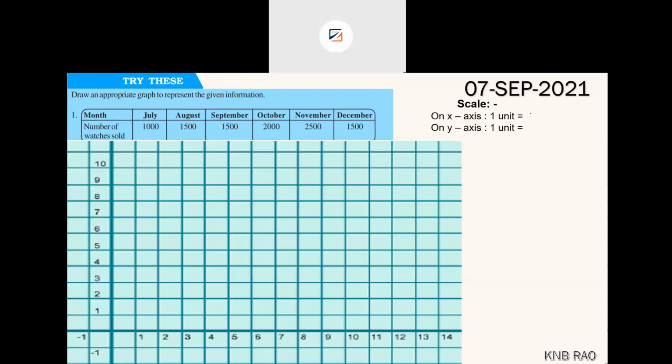One unit equals 100 watches. Then on y-axis it becomes months. So if I consider one month, let's say this is July and a gap, August gap, September gap, October again a gap, November and gap, and December.